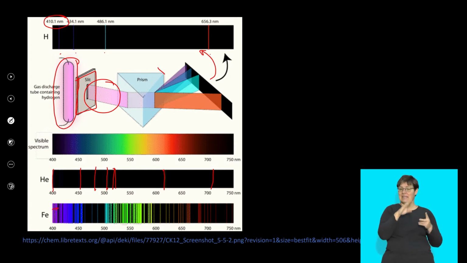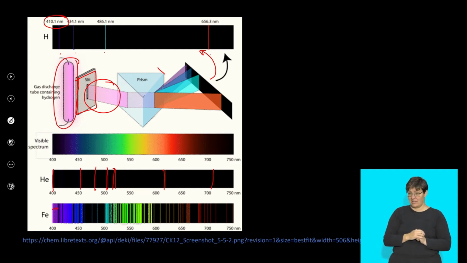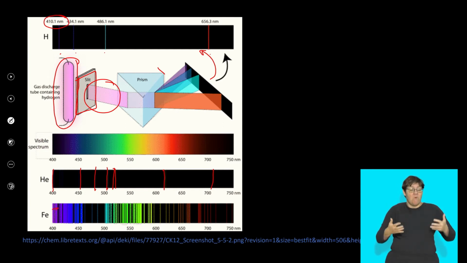Helium's the second element on the periodic table, so it's a little more complicated, because now it has 2 electrons, hydrogen only has 1. So there's very little its tiny little electron can do, whereas when I have 2 electrons, there's significantly more possibilities for jumping between energy levels.